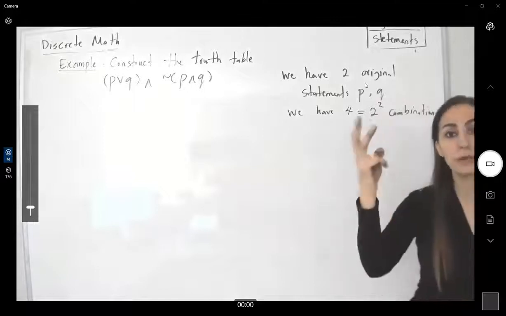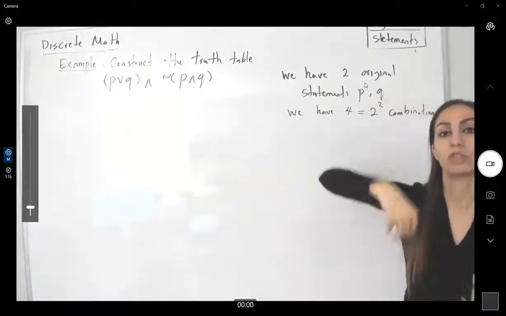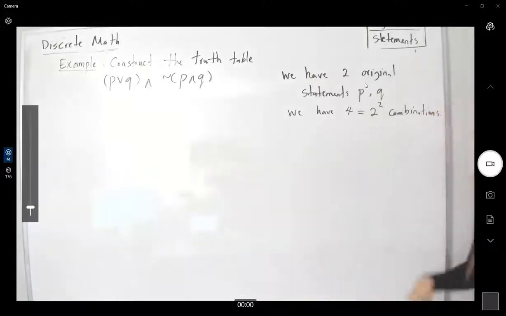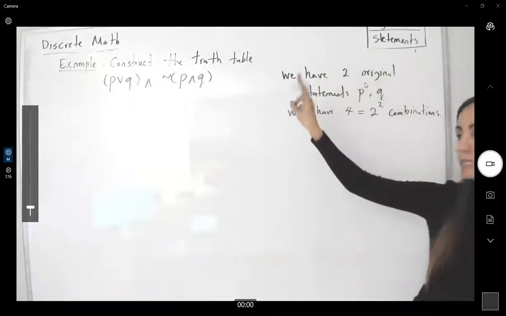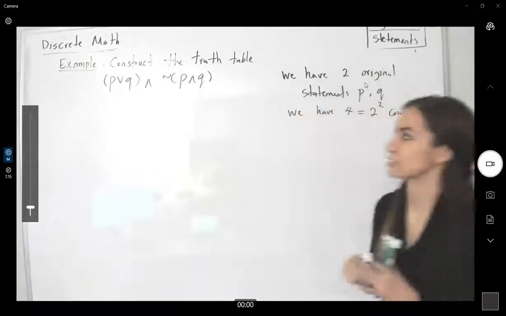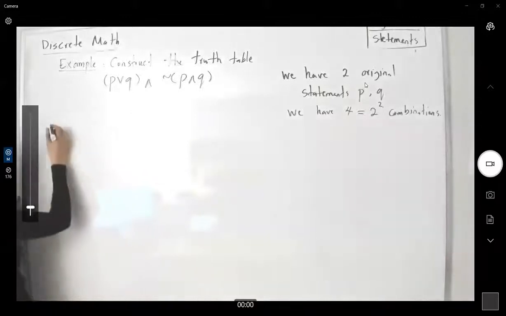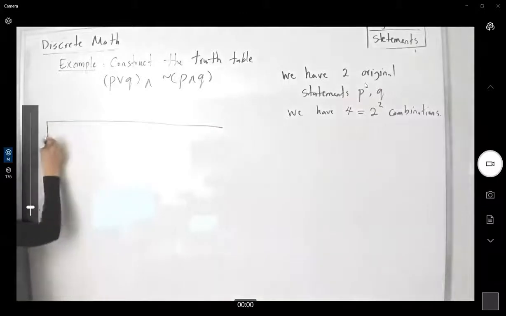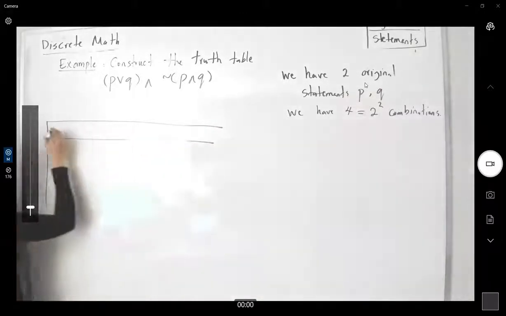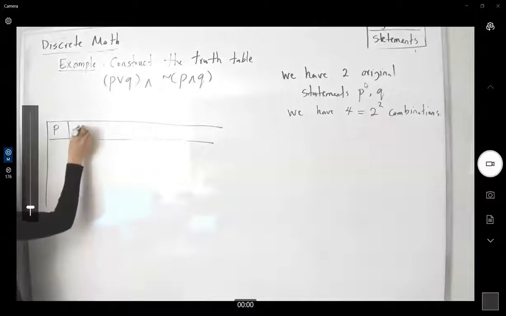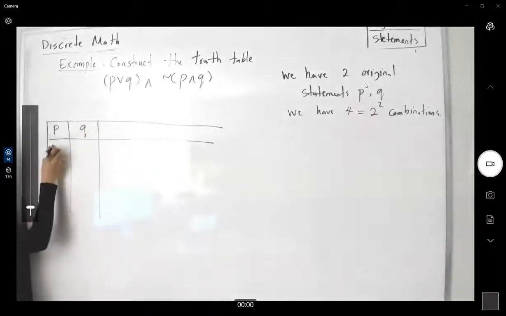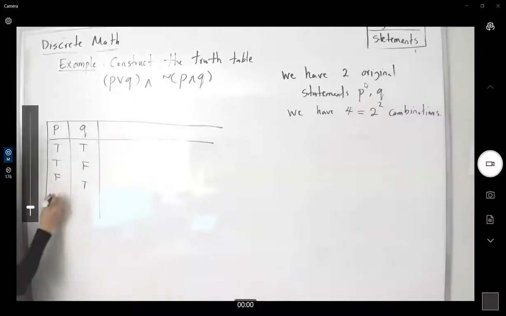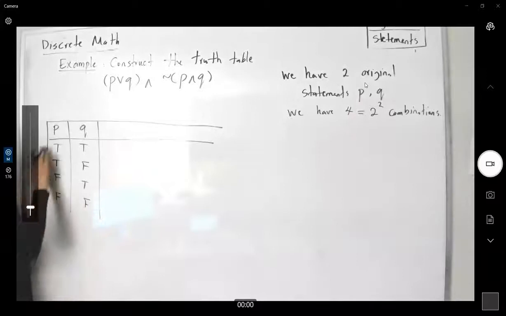If you had 3 statements, it's going to be 2 to the 3rd power or 8 combinations. Since we have only 2 statements, we have 4 combinations. So let us start. We start by writing the first and second column, P, Q, true, true, true, false, false, true, false, false. Okay, perfect.